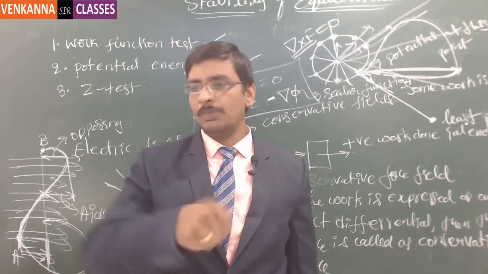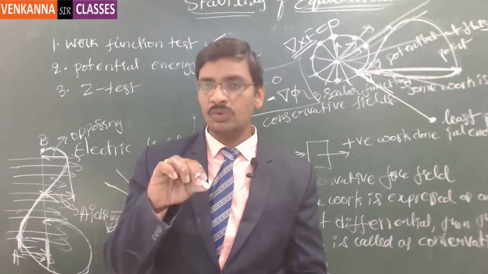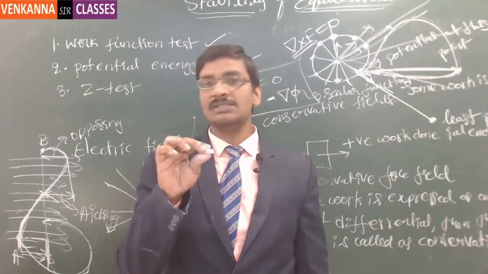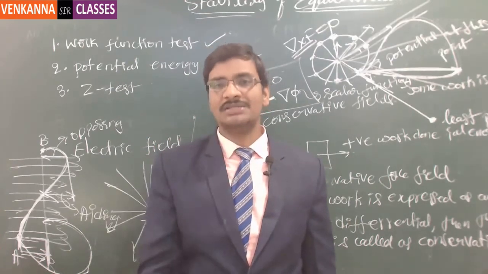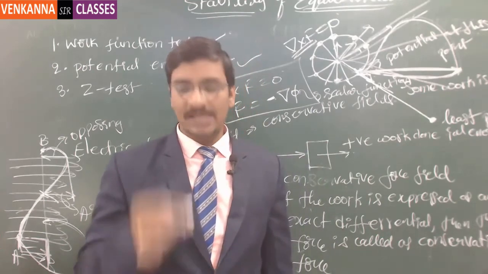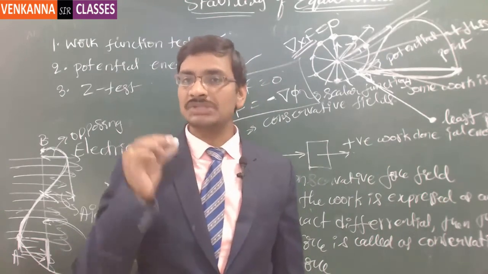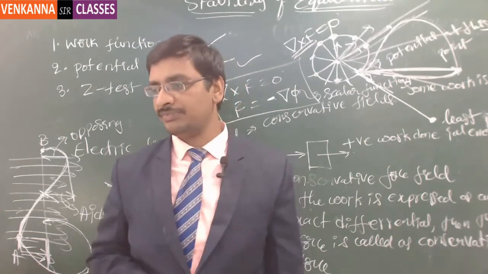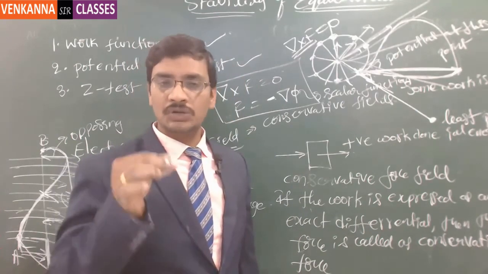If I leave it, then compared to the ground it has more potential energy. So it goes down and stays on the ground, where it has the least potential energy, hence it stays there. It always searches for the least potential energy, and when it finds it, it stops there.